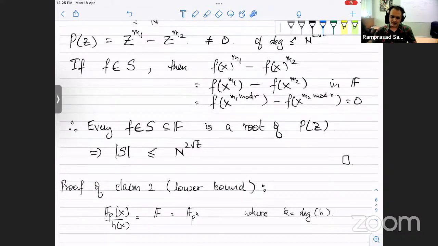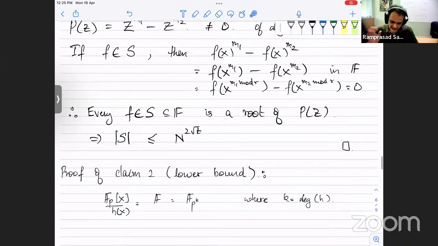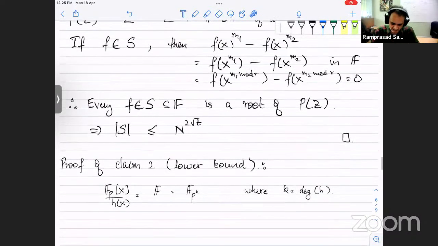Okay, let's get a sense of some very basic facts that we'll need. This is the field that we are working with: F_p[x] quotiented with h(x), where h(x) was the largest degree irreducible factor of x^r minus 1. This is some field F, but we know that it is actually F_p^k, where k is the degree of the polynomial h.